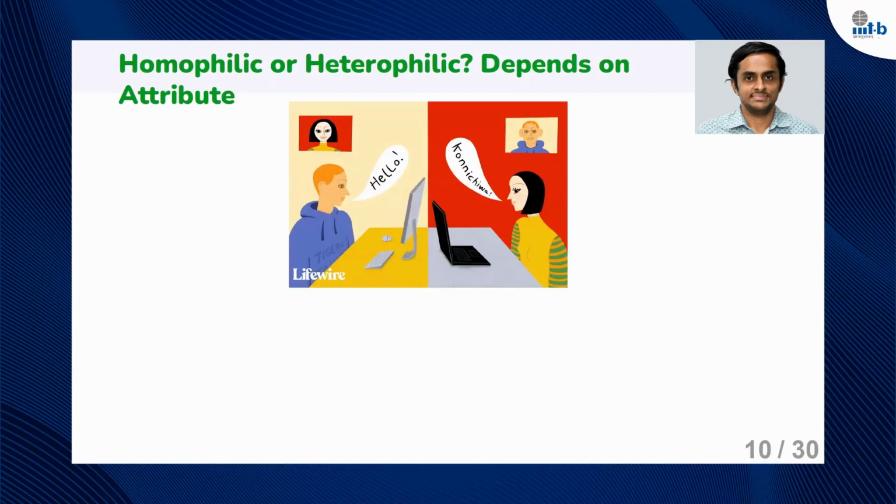So the edge and node attribute as a combination will decide whether the edge is homophilic or heterophilic. To illustrate that idea, let's take a scenario in which we have a language exchange network, so two people interacting in different languages, maybe, for example, English and Japanese.